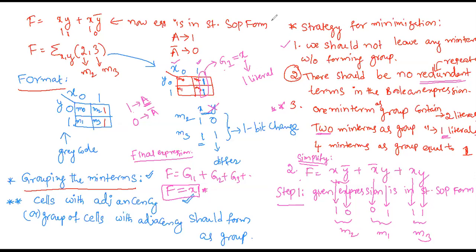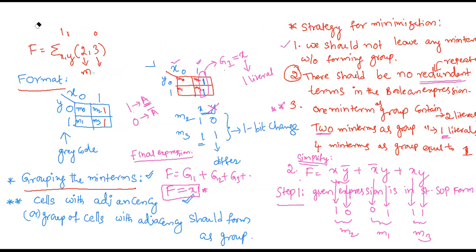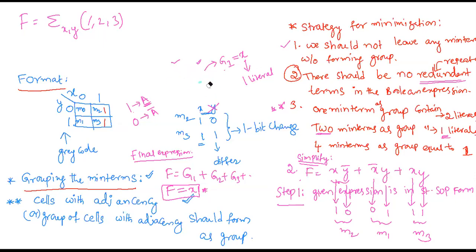So the expression is F is equal to sigma x comma y. What are the minterms we have taken? 1, 2, 3. So write down 1, 2, 3. Okay, we got the equation.